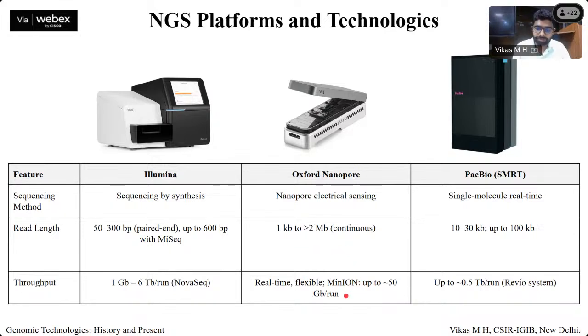The flow cell for this device can generate up to 50 GB of data per run. And PacBio is also a long read sequencing technology where you can sequence up to 100 KB DNA fragments, and it can generate up to 500 GB of data per run. We'll look into each of these technologies in detail.